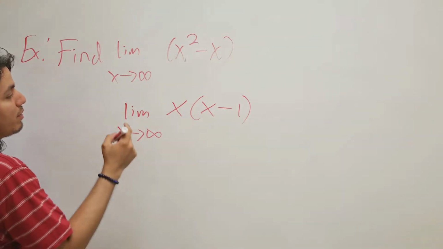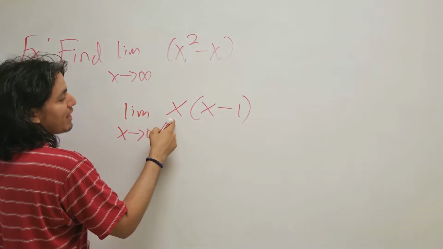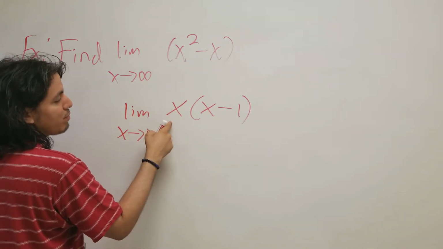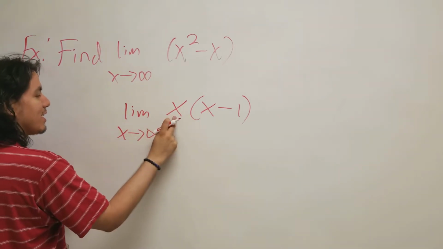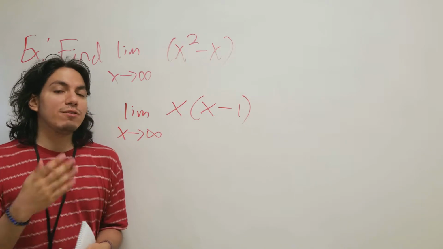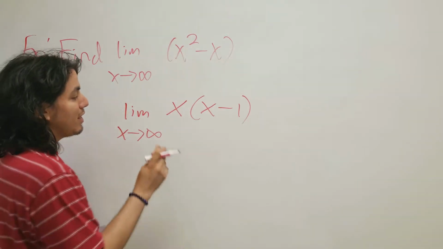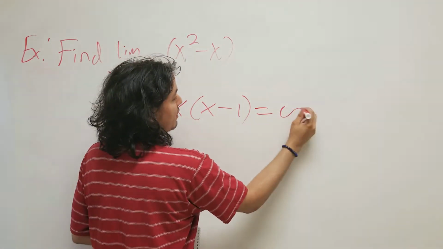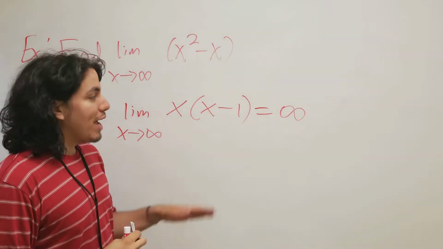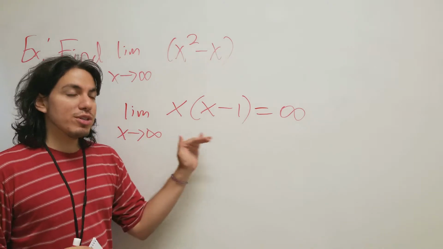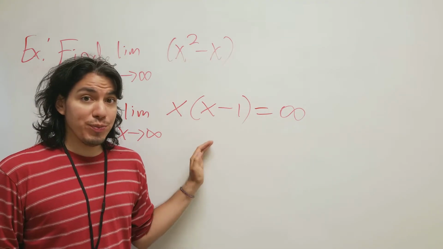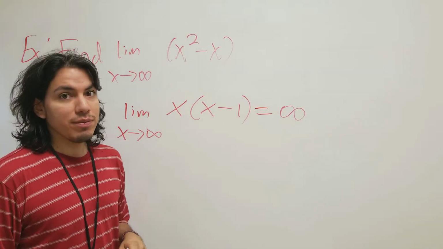Because if I take the limit, we see that both x and x minus 1 are two terms that are going to get infinitely large. Therefore, the limit of this is just going to be infinite. Rather than infinity minus infinity, we just have two values that are going to be infinitely large no matter what we do. So this makes more sense.